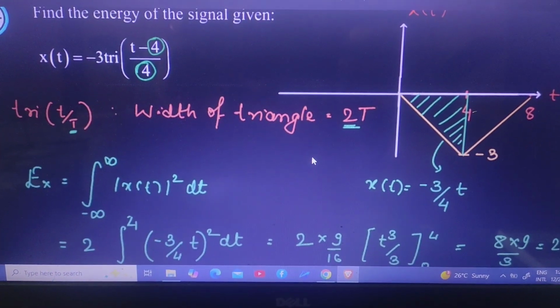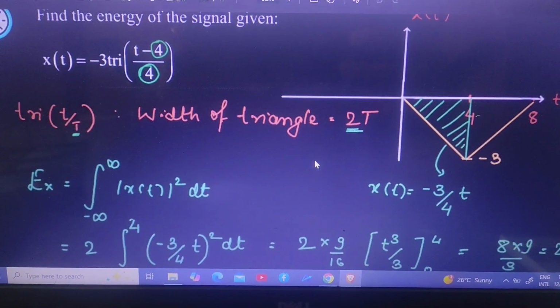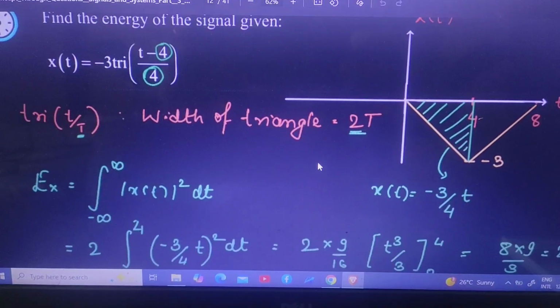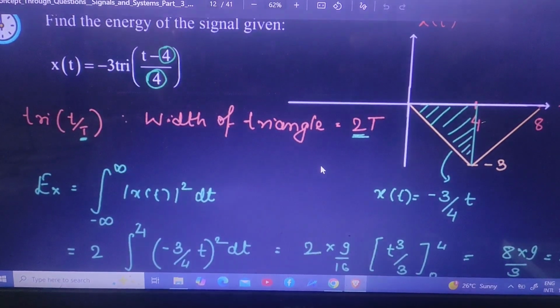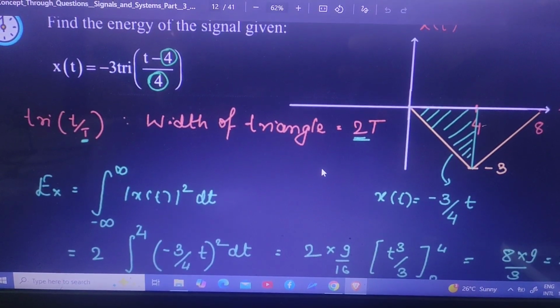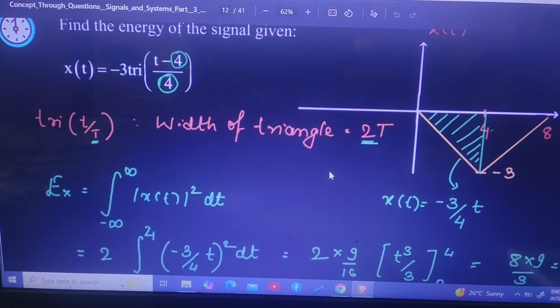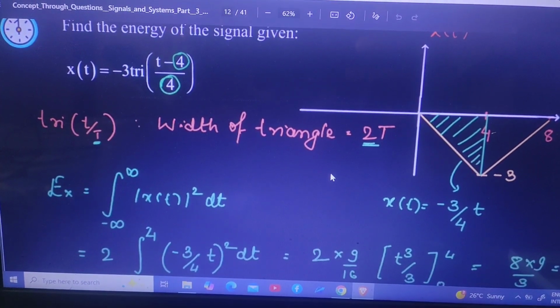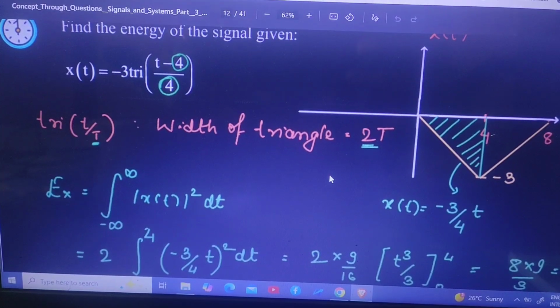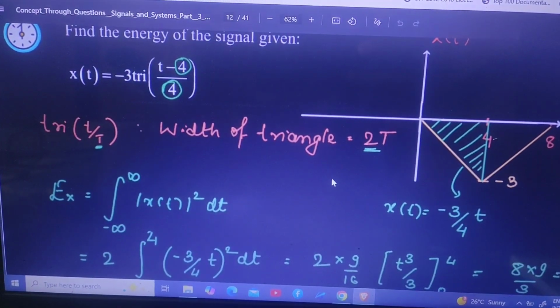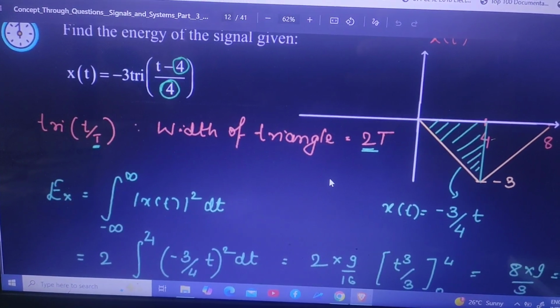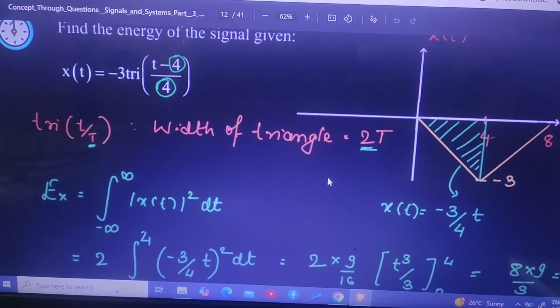Find the energy of a signal. x(t) is equal to minus 3 triangle ((t minus 4)/4). Here 4 is the time constant tau and minus 3 is the amplitude, and t minus 4 represents the center is at 4.